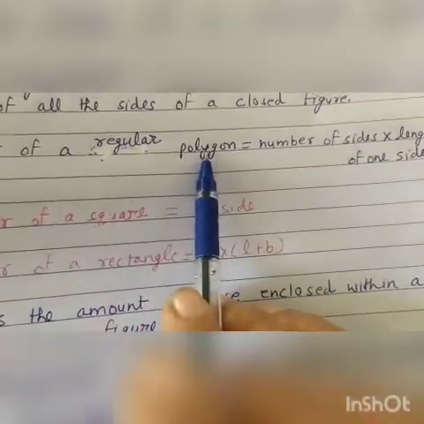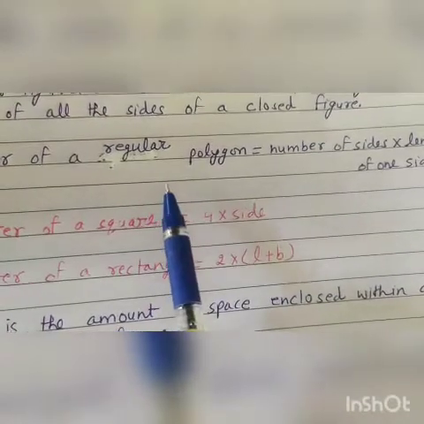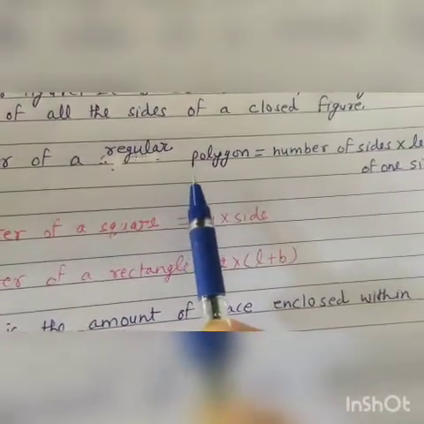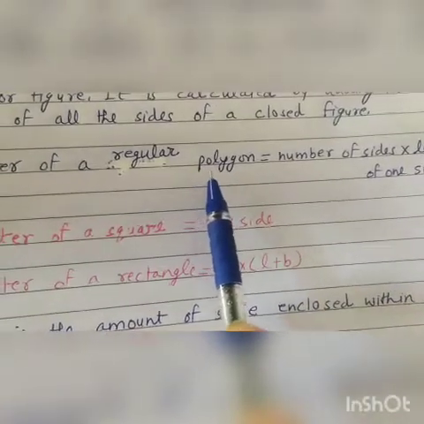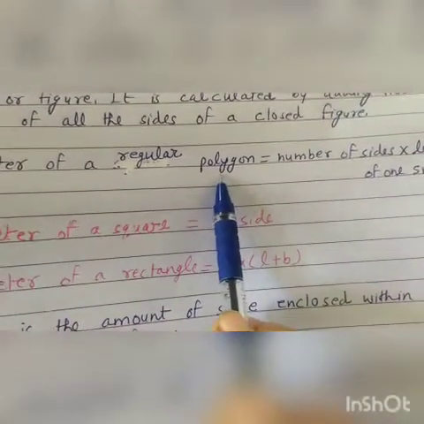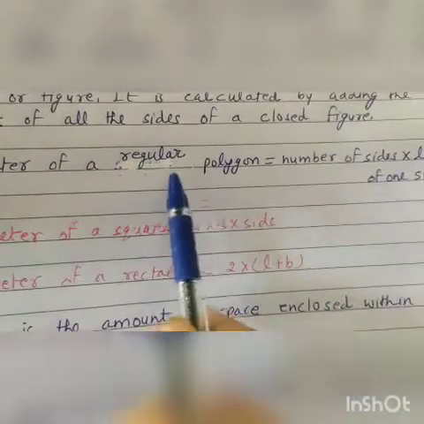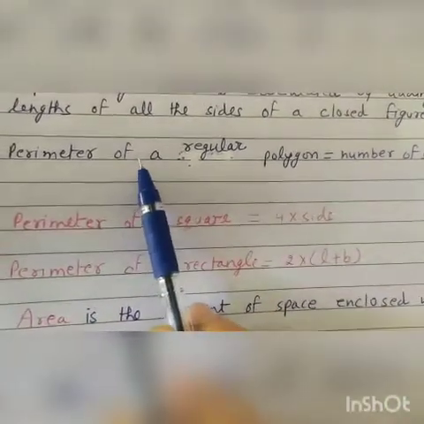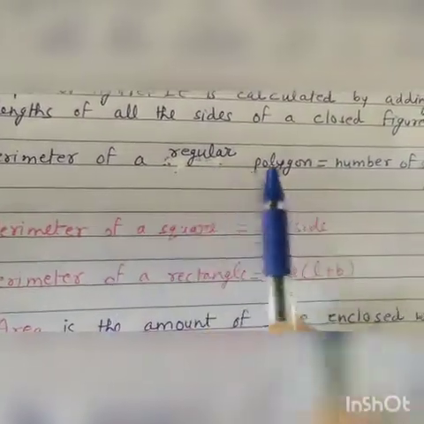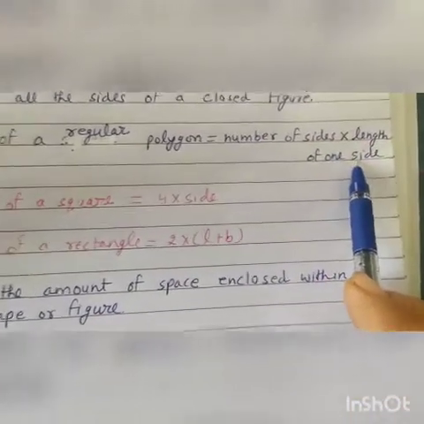What is a regular polygon? A figure made up of 3 or more than 3 line segments whose all sides are of equal length is known as a regular polygon. So what is the perimeter of a regular polygon? Perimeter of a regular polygon is equal to number of sides multiplied by length of one side.